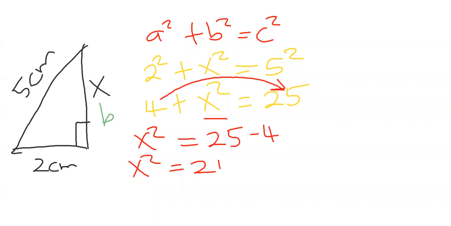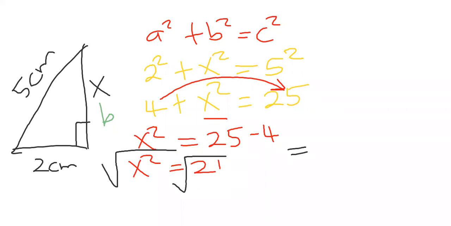But then remember, we are looking for the value of x, not the value of x squared. So you have to insert your square root sign so that you can solve for x, or find the value of your x.